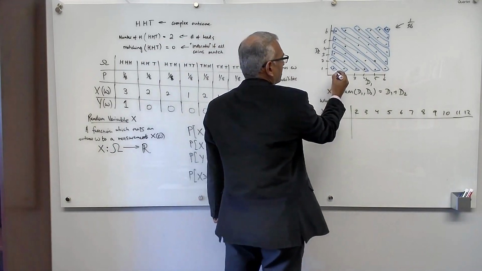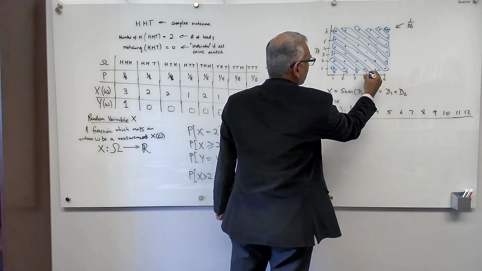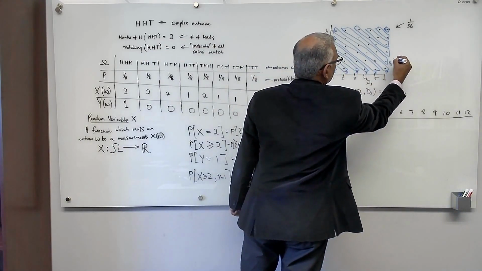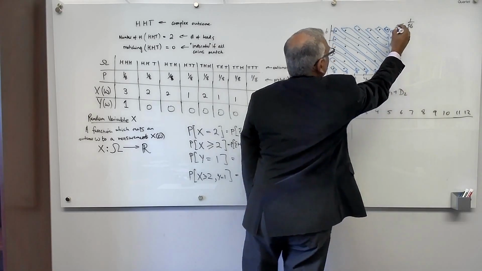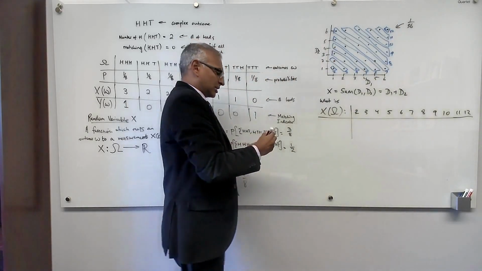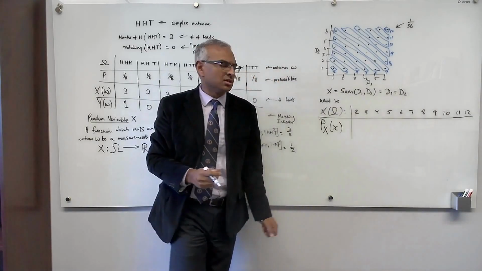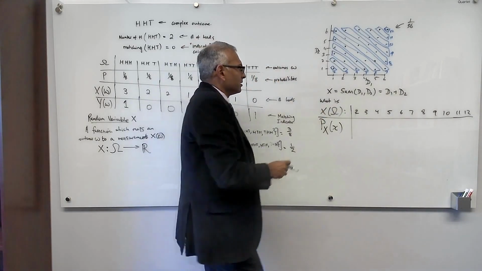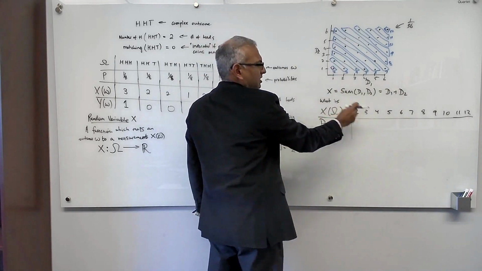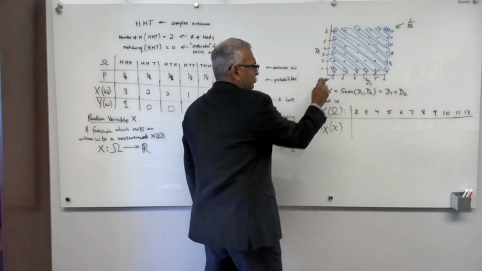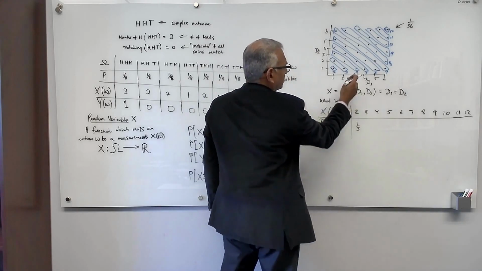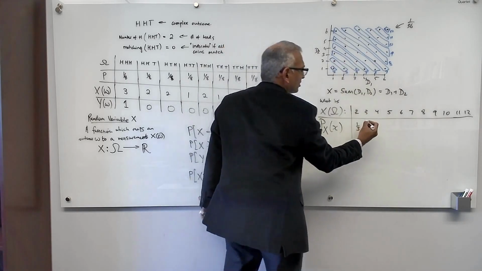So let me label them: 2, 3, 4, 5, 6, 7, 8, 9, 10, 11, 12. And now to compute the probability, we can say this is P sub x of little x, x being the measurement. Well, there's only one outcome which satisfies the sum is 2, so that's 1 over 36. And for the sum being 3, there's 2 over 36.